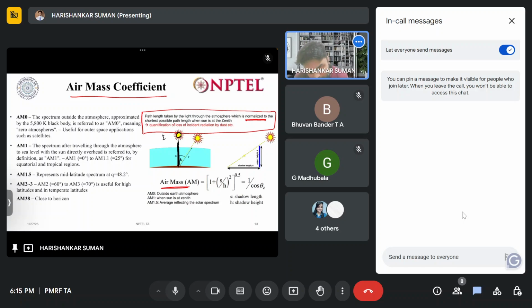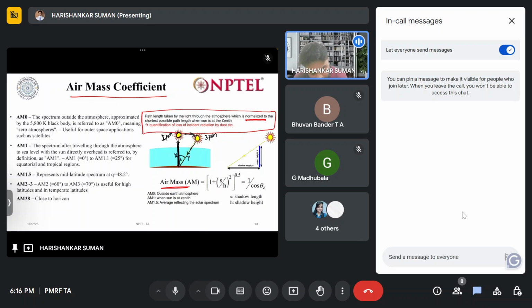Let's say this is 1 p.m. and this is 3 p.m. After some time, the sun is moving around with respect to the earth. So the path length taken by the ray is larger than at 1 p.m. This is y, this is x.